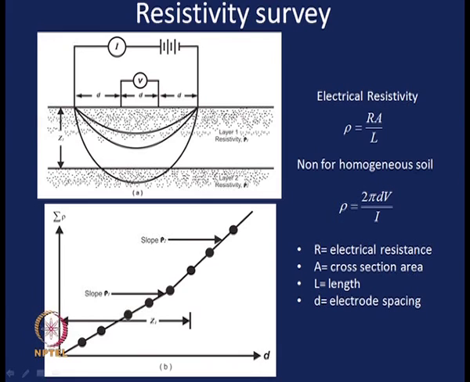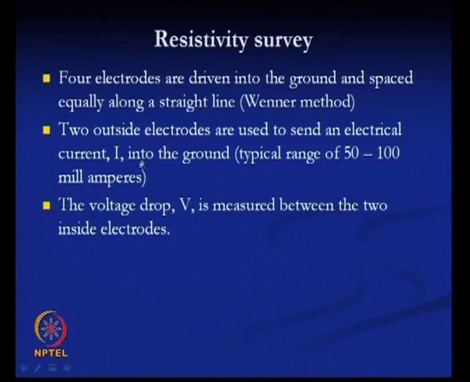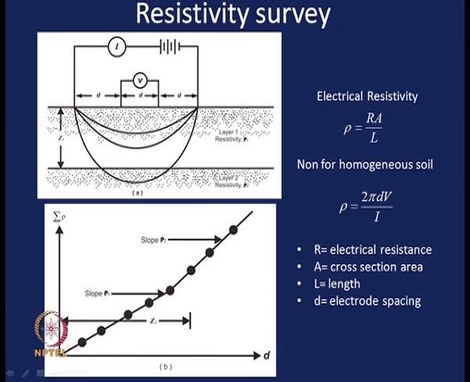So, the current I is passing through the ground using the outside 2 electrodes, and the corresponding voltage drop V is measured between the 2 inside electrodes.